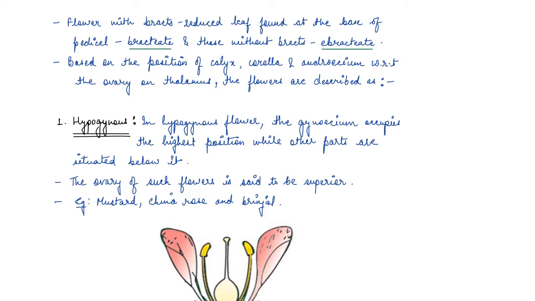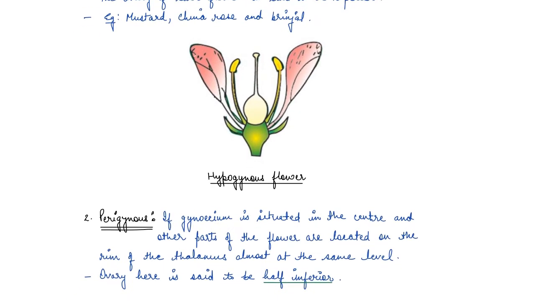As you can see in this diagram, the first one, this is the gynoecium, right? This is at the highest position, and other parts start just below it. This case is known as hypogynous, right? Basically the ovary in such flowers is said to be superior, and this happens in plants like mustard, china rose, and brinjal.